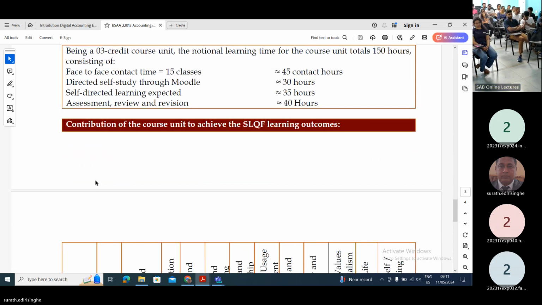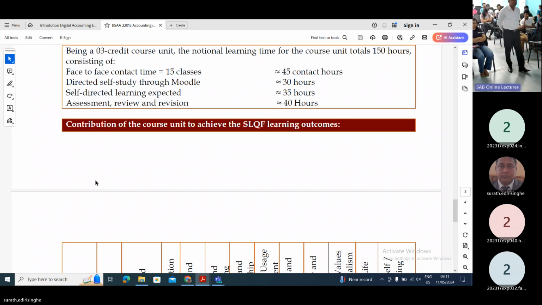Right. This is your subject content and your syllabus. Any issues or any clarification about your syllabus or syllabus content? It's your chance to ask and clarify, even for the physical or the online student.